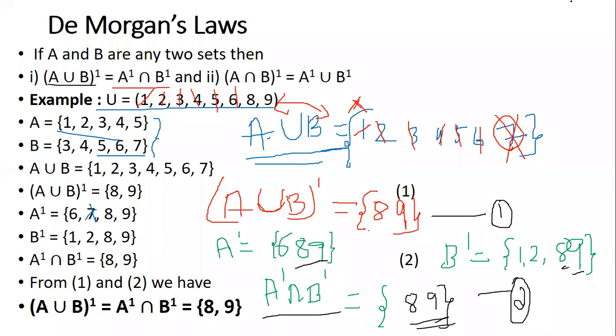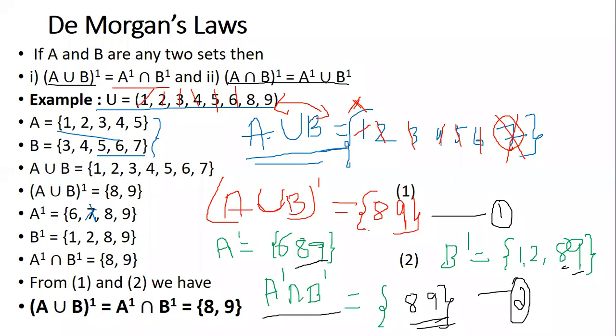Anybody has doubt here? Okay. Now similarly, we are supposed to also prove the second law, A intersection B complement is equal to A complement union B complement. It's just the opposite of this.